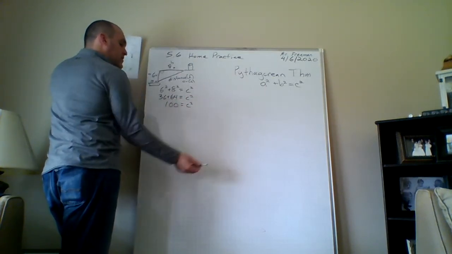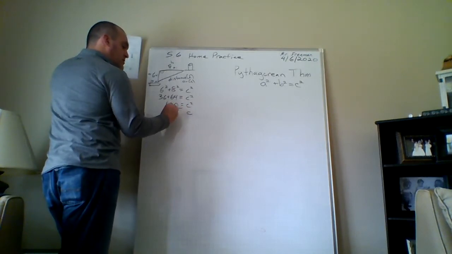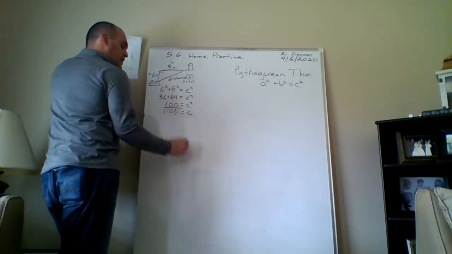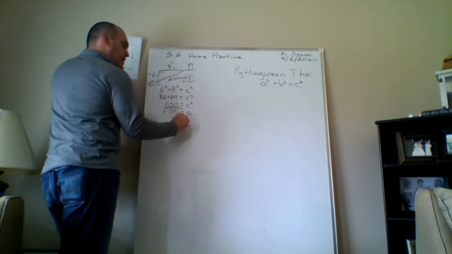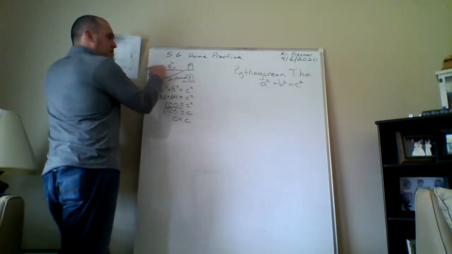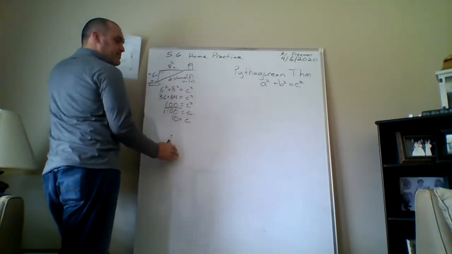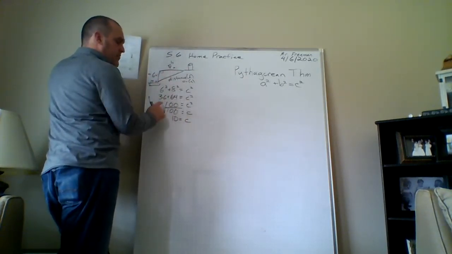That's C squared. So to find regular old C, we would have to take the square root of 100. And the square root of 100 is 10. So this distance here, if this was 6 up and this was 8 over, that distance here would have to be 10. Not 100, like some of you might have stopped there.